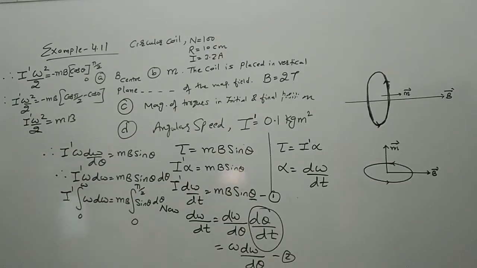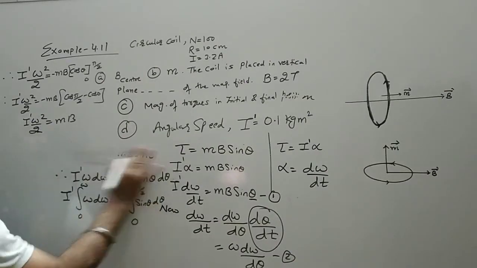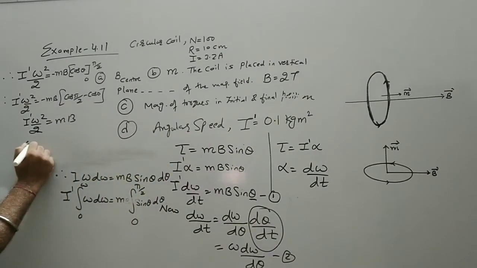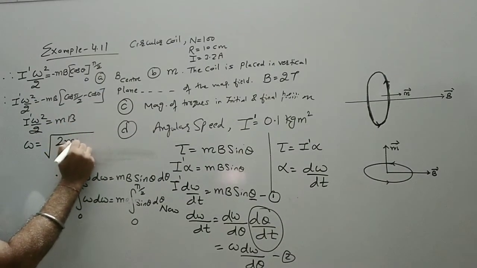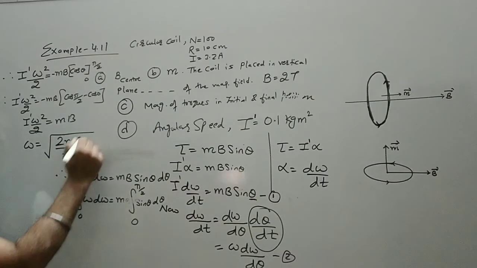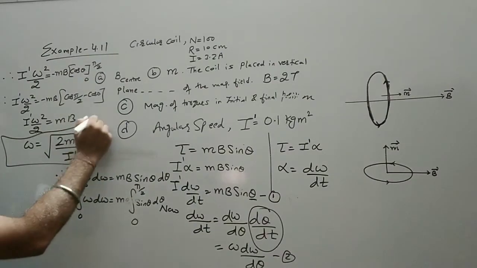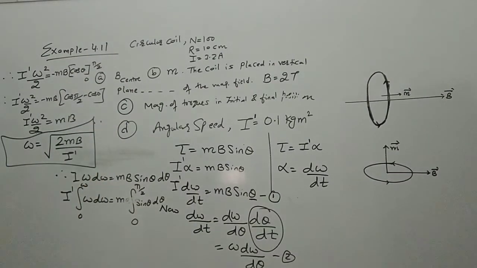So this is the formula where now I have to find out omega. So I write omega is equal to under root, this 2 goes there, twice mB upon I'. So this is the formula for the angular speed.